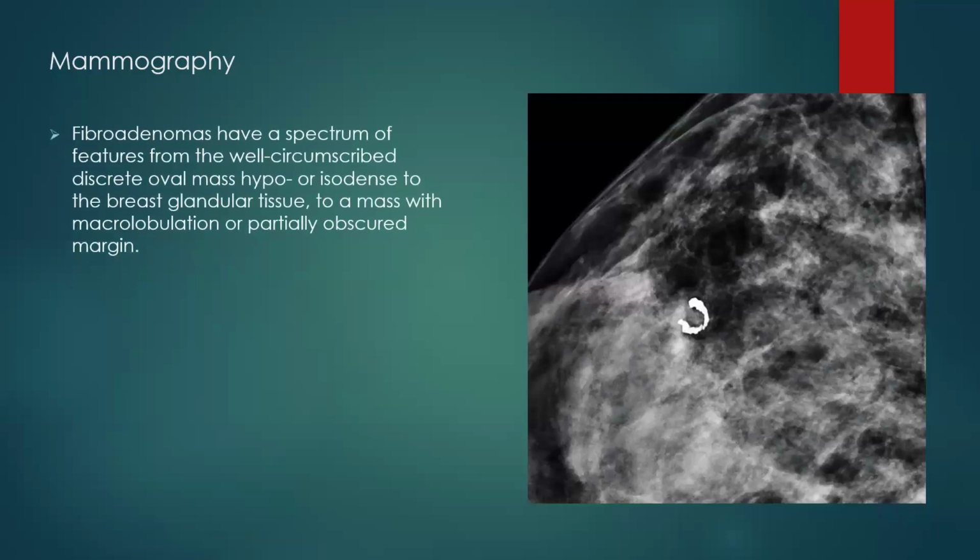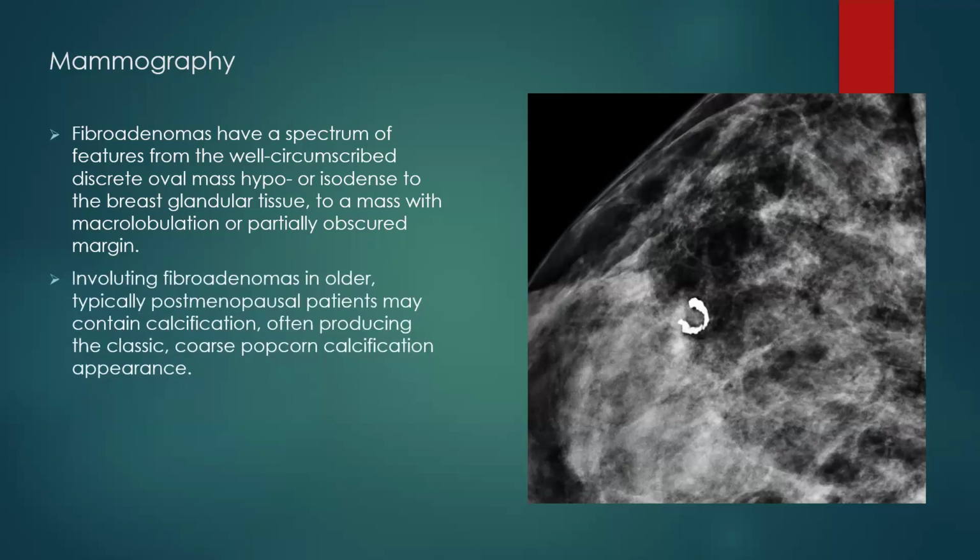Regarding the mammographic features, fibroadenomas have a spectrum of features, from a well circumscribed discrete oval mass, hypo or isodense to the breast glandular tissue, to a mass with macrolobulation or partially obscured margins.